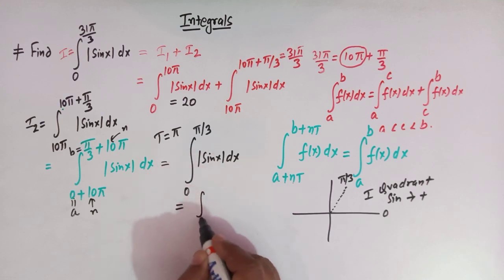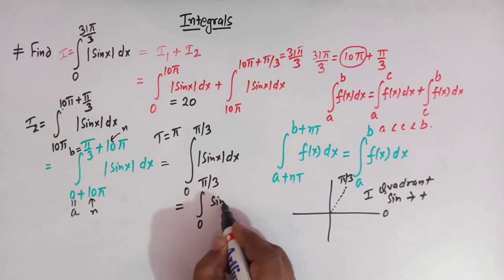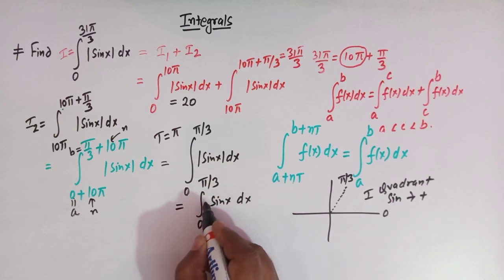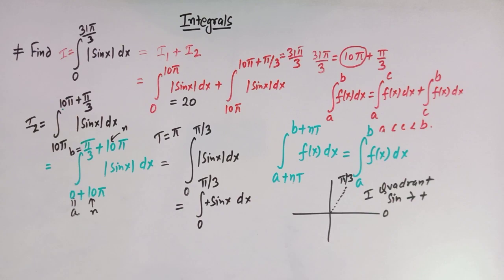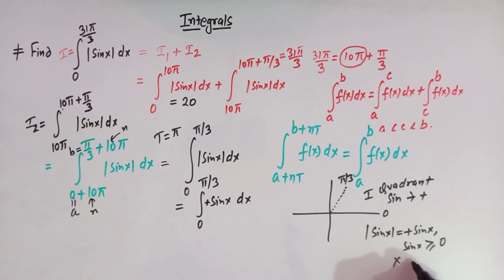So we have the integral from 0 to pi by 3 of simply sine x, because mod of sine x is positive sine x, since sine x is greater than or equal to 0 when x belongs to 0 to pi by 3.